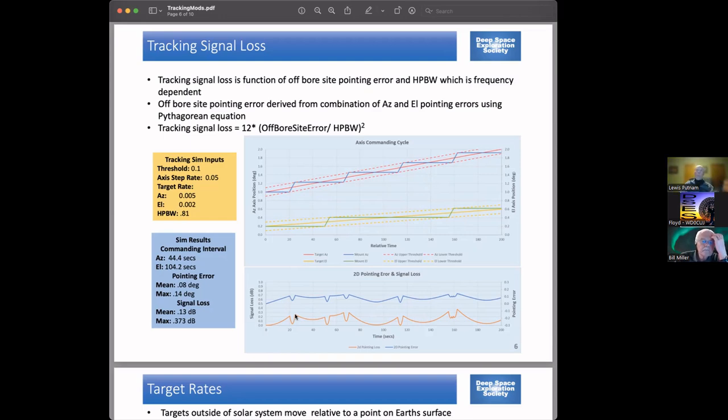Basically you take the overall off-boresight error using the Pythagorean equation, and then you apply that off-boresight error through this tracking signal loss equation, which is a pretty standard equation. And that gives you the 2D signal loss.